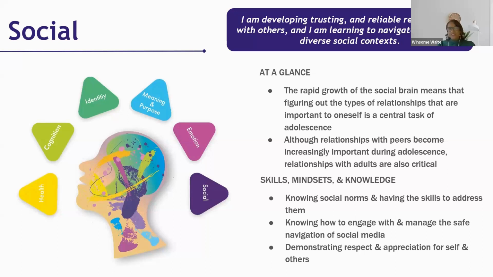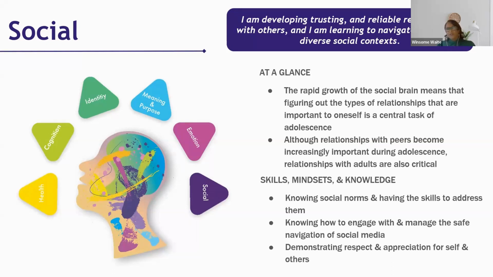Human relationships, we know, are a constant in our lives, all of us, and across the lifespan. It's so important. But during adolescence, that social brain is developing rapidly. It is that complex network of areas within the brain that help us to understand more about the interactions we have with others and the social norms within our society that we have to interface with.